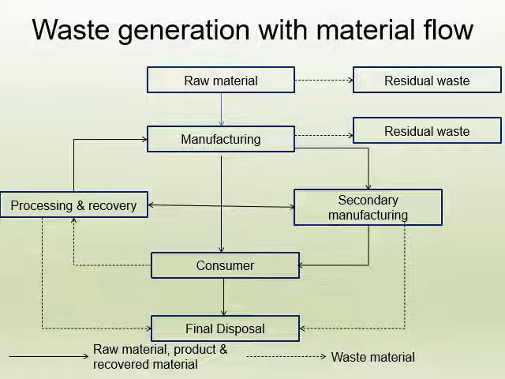So the first step is waste material is produced. Second is manufacturing. In the second step, at the manufacturing of any product or item, some residual waste will also be generated.